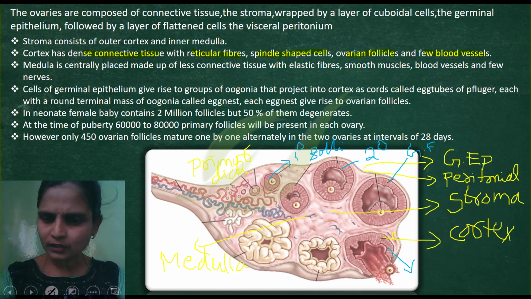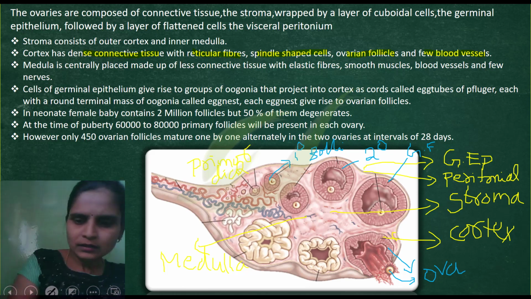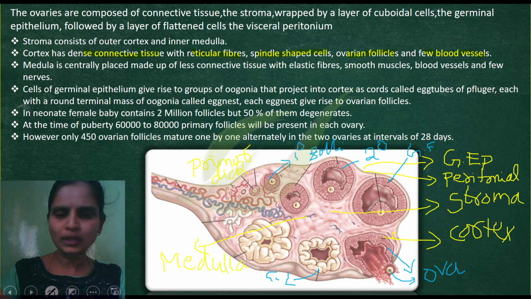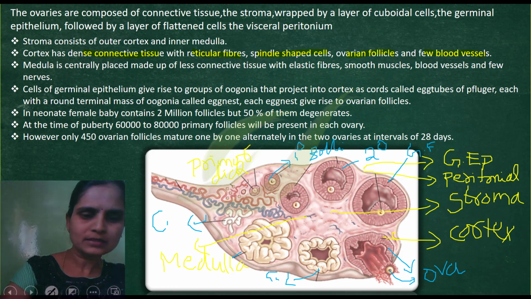You can find here that from the Graafian follicle the ovum is released out, which is called ovulation, and this is the corpus luteum. This corpus luteum also regresses, and it is called corpus albicans.